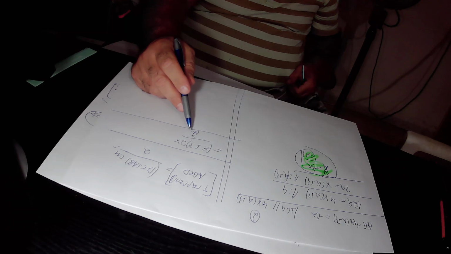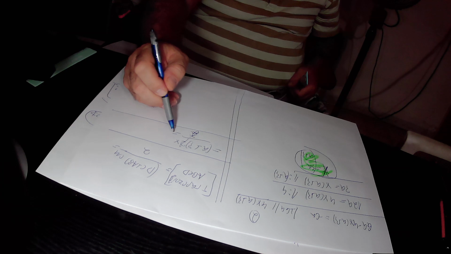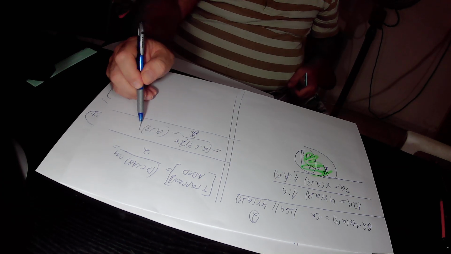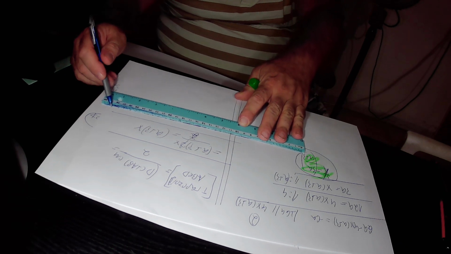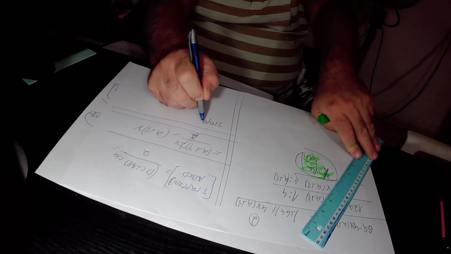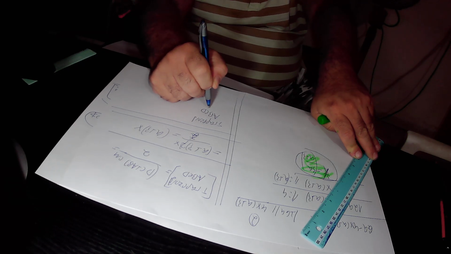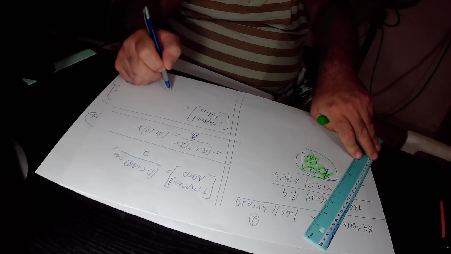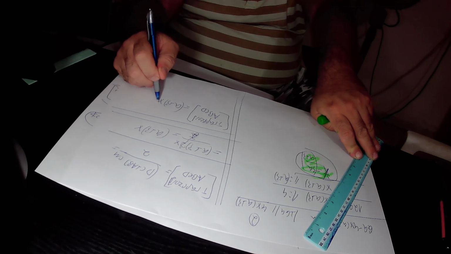We have 2 in the numerator and 2 in the denominator, so the 2 gets cancelled, and we are left with (a + 3) times x. So in total the area of trapezoid ABCD is equal to (a + 3) times x square units in size.